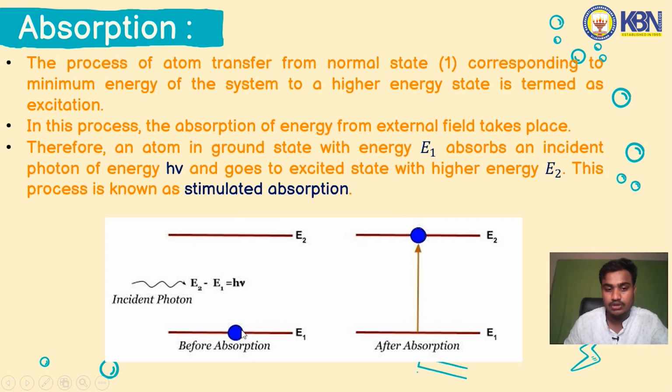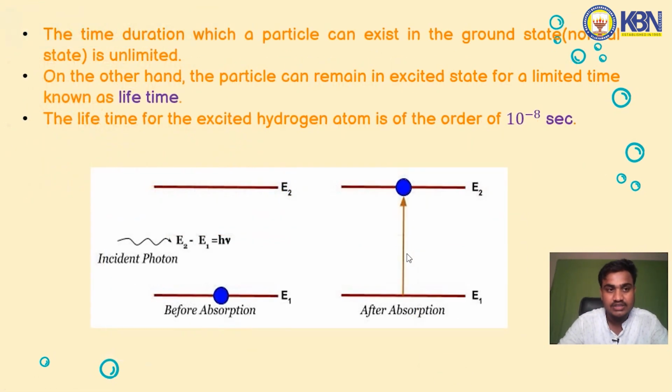The atom goes from the normal state or ground state to the excited state by absorbing a frequency, which is known as absorption. The time duration for which a particle exists in an excited state is nearly equal to 10 power minus 8 seconds. This is called the lifetime.